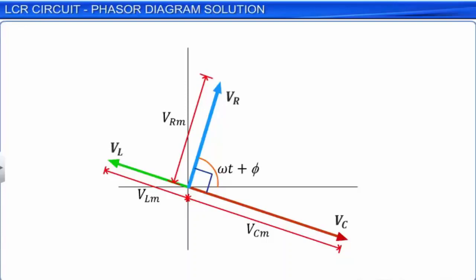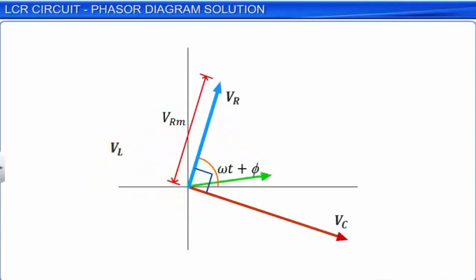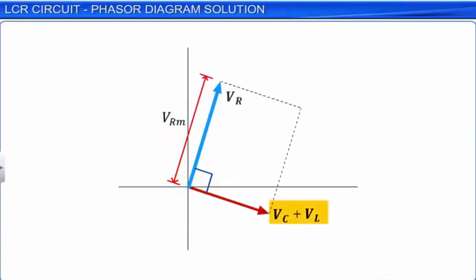Hence, the phasors VL and VC lie on a line perpendicular to VR, but in directions opposite to each other. Considering the directions of VC and VL on the phasor diagram, we can obtain a single phasor for VC plus VL with the magnitude of VCm minus VLm.